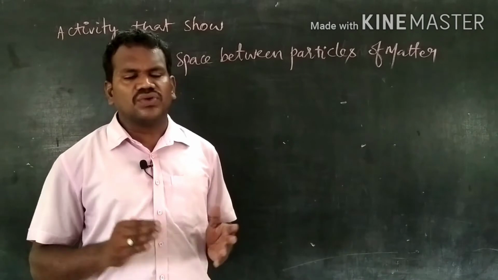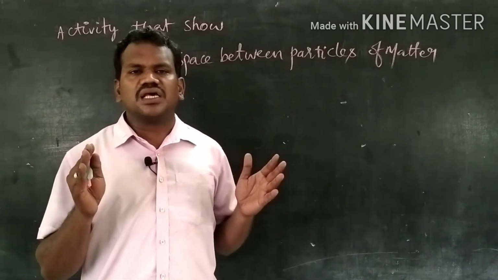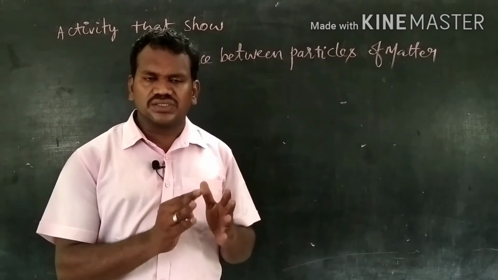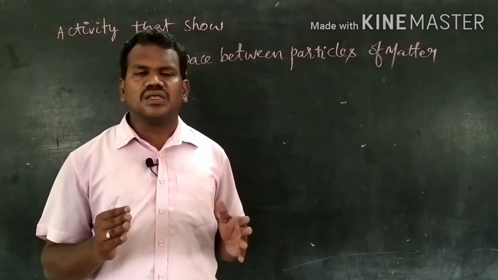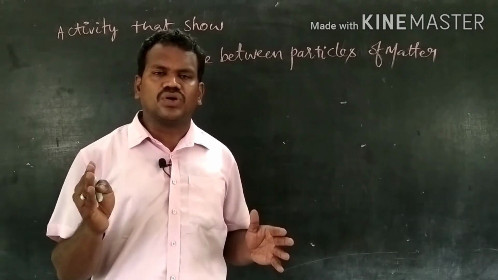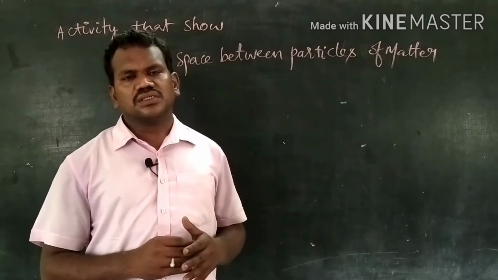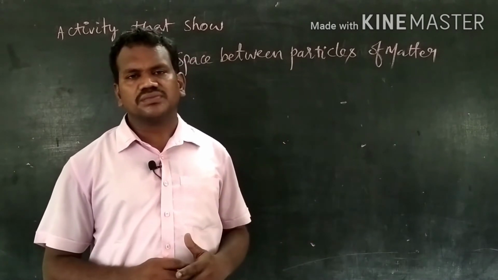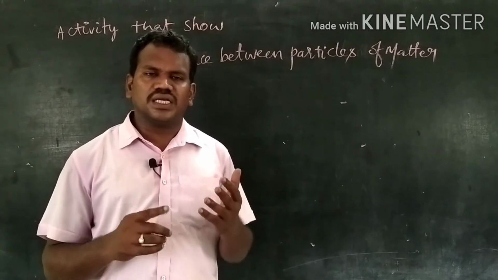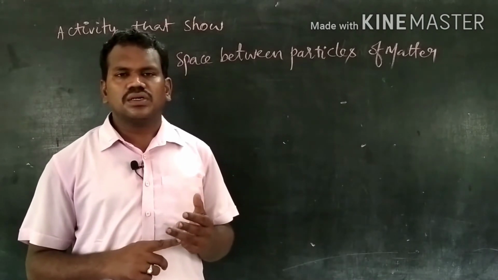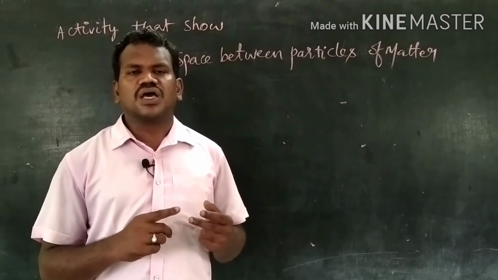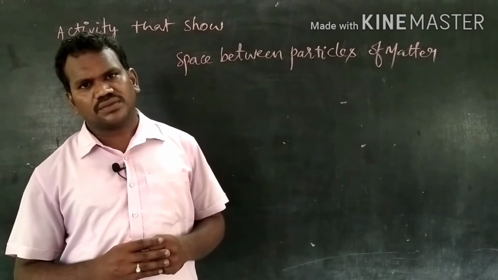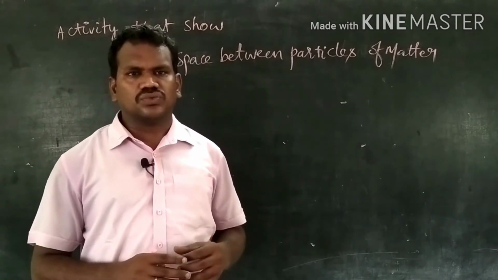After this activity we will come to know that the intermolecular space is very less in solids, a little bit more in liquids, and very high in the case of gases. For that purpose we require a glass beaker, water, potassium permanganate, a stirrer, and that is all. Let us do the activity now.